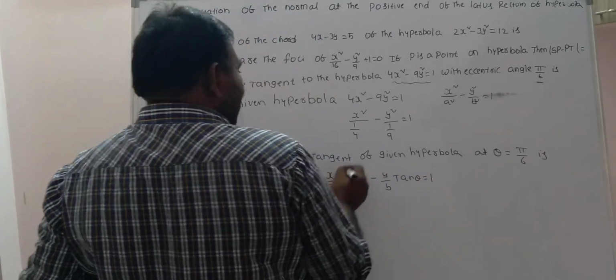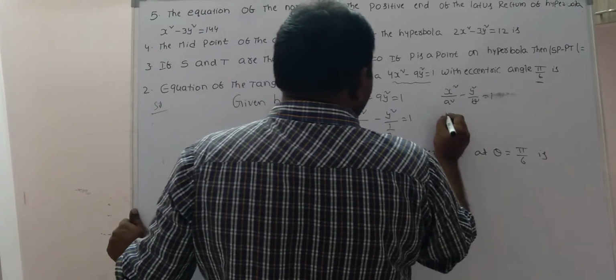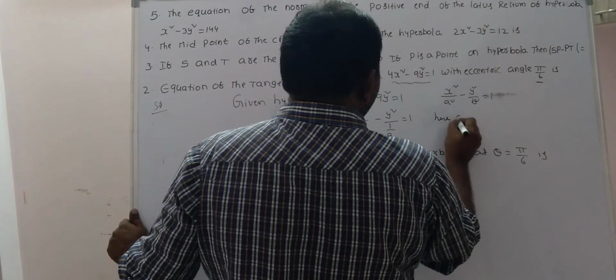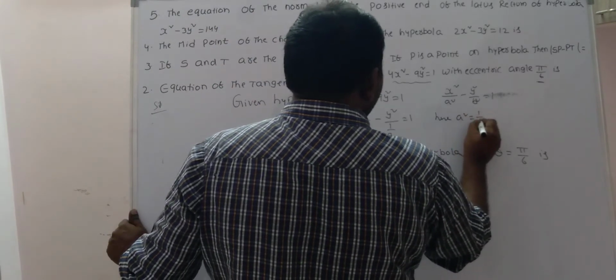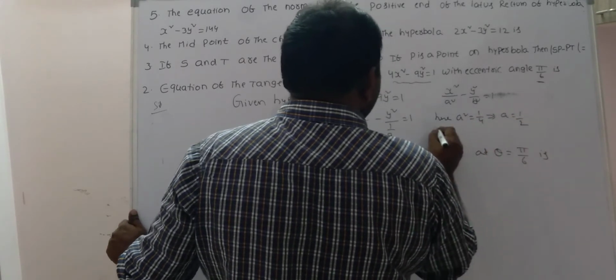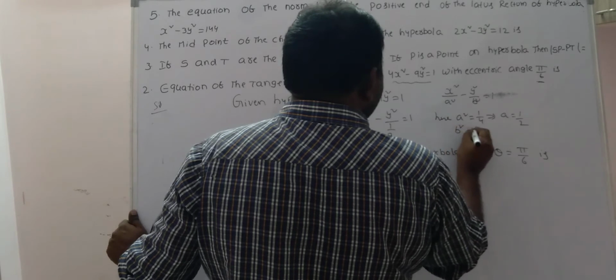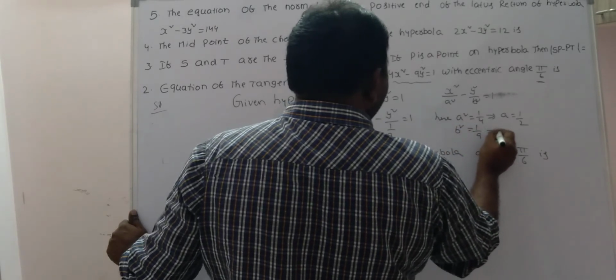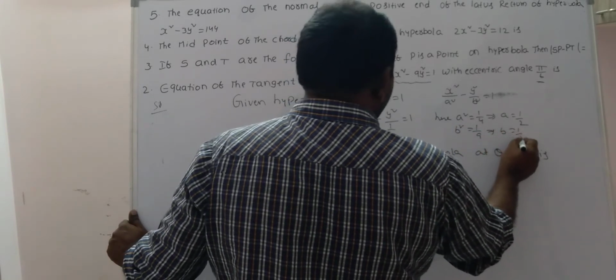So here a square is equal to 1 by 4, that implies a equal to 1 by 2. Similarly, b square is equal to 1 by 9, that implies b equal to 1 by 3.